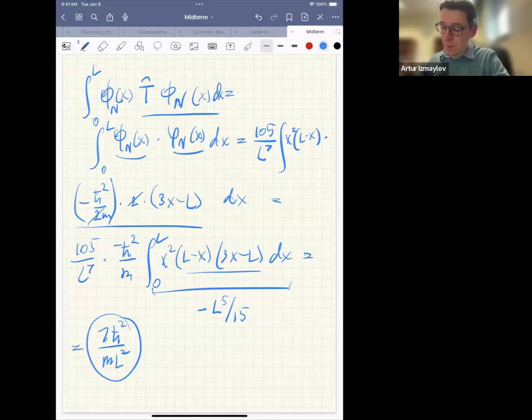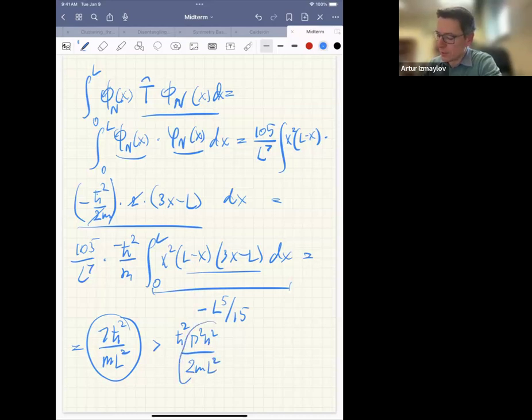That's the answer. You could compare that answer with the ground state, right? Because nothing can be lower than the ground state, and this should be more than the ground state. And the ground state is h bar squared pi squared n squared over 2mL squared, right?